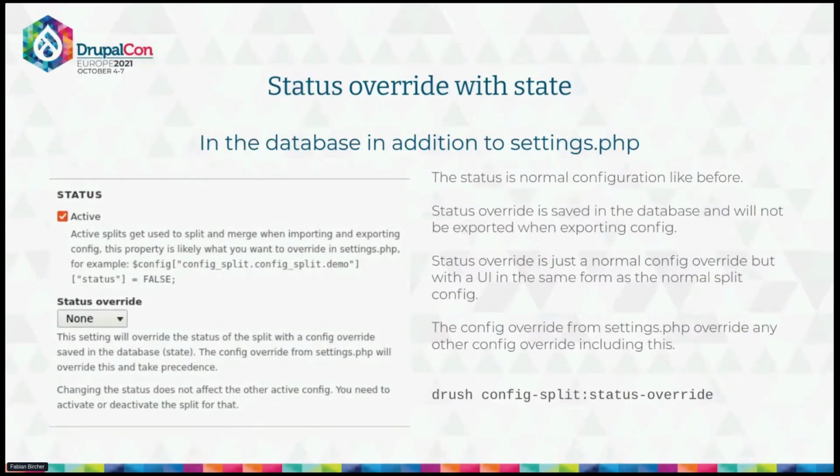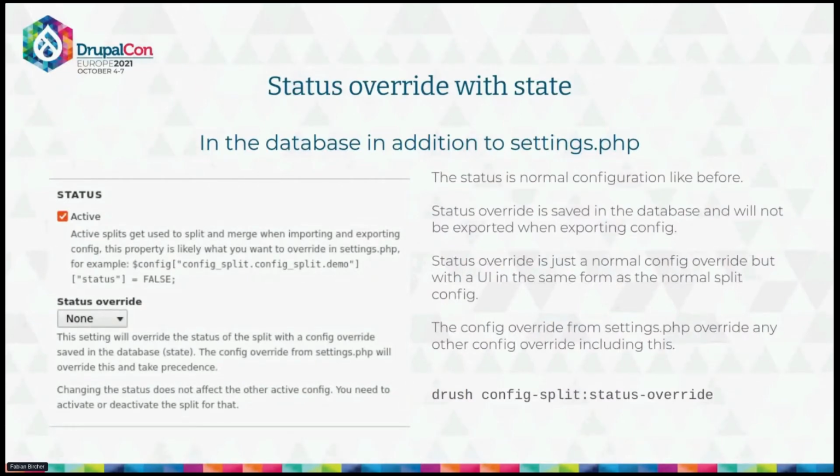However, you want to have this split activeness different in different environments, and therefore you usually override this in settings.php. So in the UI, it will even give you the string that you need to put in settings.php to override it. But in config split 2.x, there's also a new method on how you can override it.